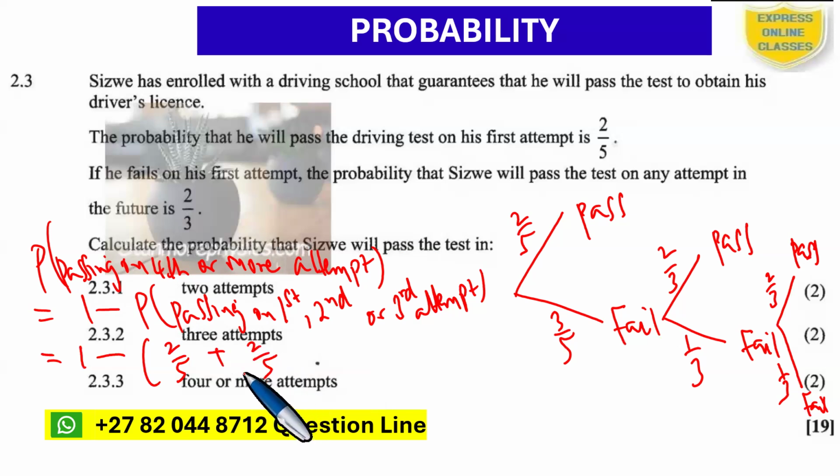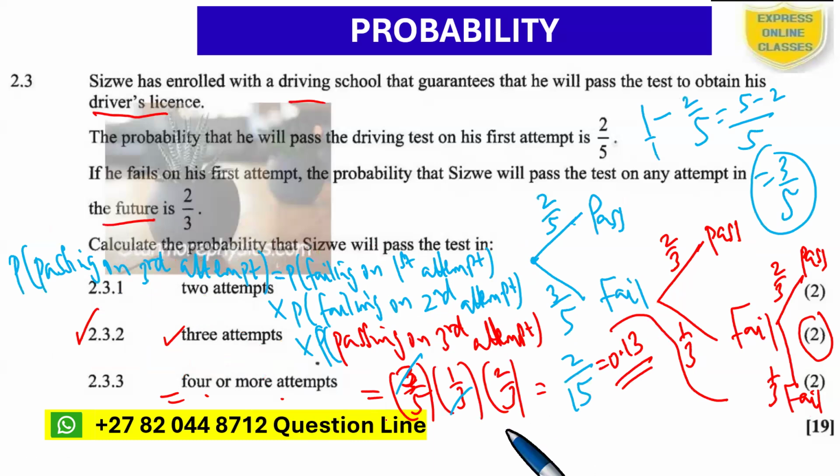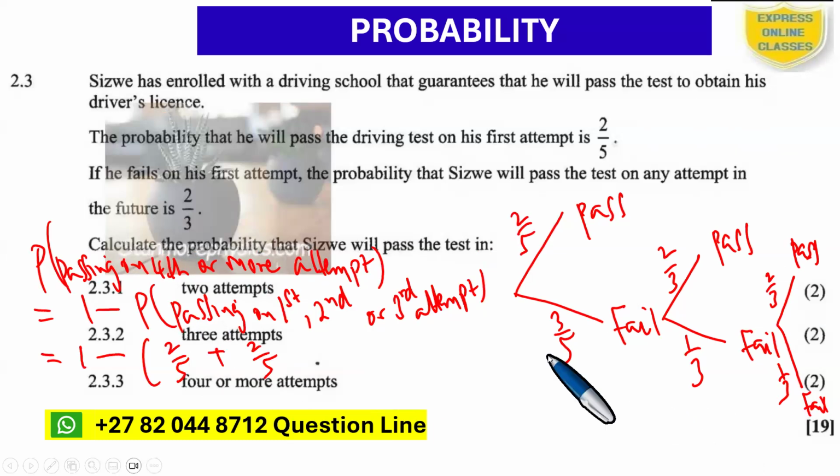And the probability of passing on the third attempt, we've done it. After 3 attempts, it is 2 out of 15. We got 2 out of 15.